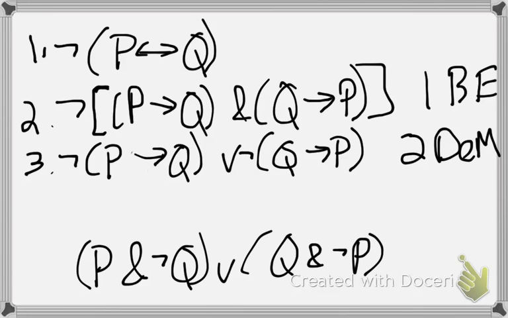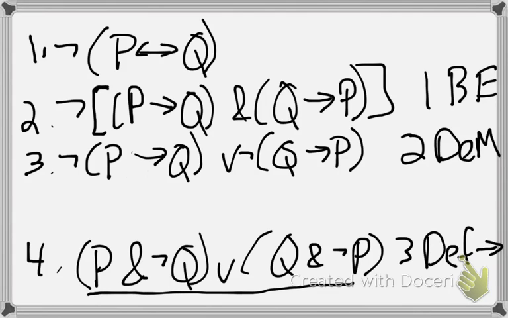And then we can easily see that we can get to this by the definition of the conditional. So in a few short steps, we changed the formula a lot. And what we have here on line 4 is a whole lot more useful than what we had on line 1. There's not much we can do with that.